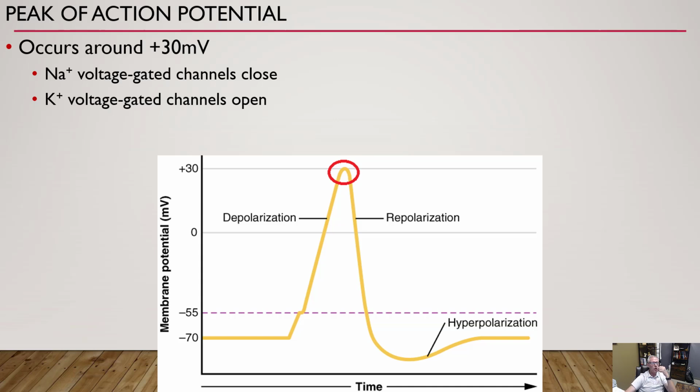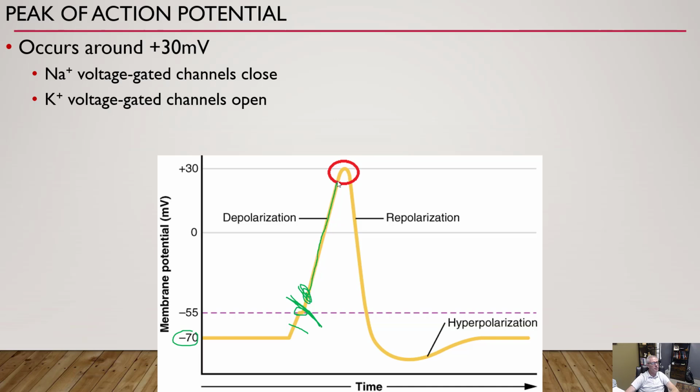All right, so now we have done depolarization, or we've done our resting membrane potential. We've had some sodium leak in. We've reached our threshold. We've closed off all of our ligand-gated channels. We've switched over to voltage-gated. We've opened up our voltage-gated sodium channels.